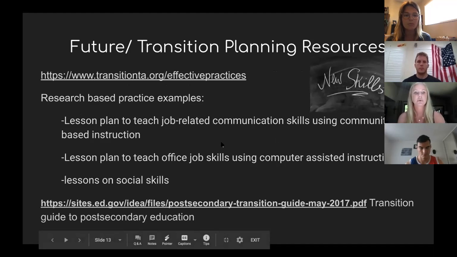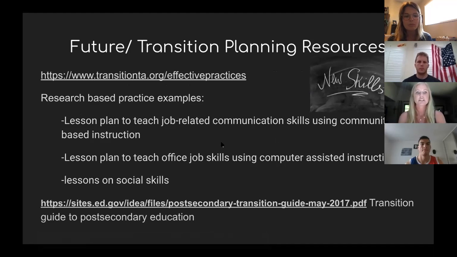So basically, I have a couple of resources for us here. Basically, they go over quite a few lesson plans, and some examples of that would be planning to teach students communication skills using community-based instruction.